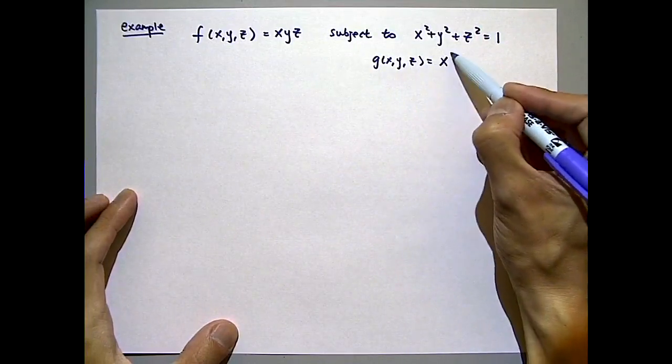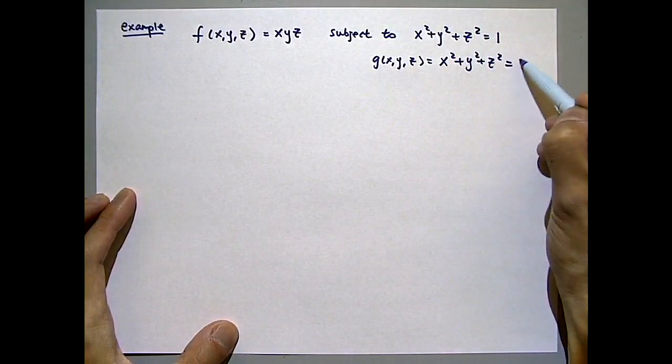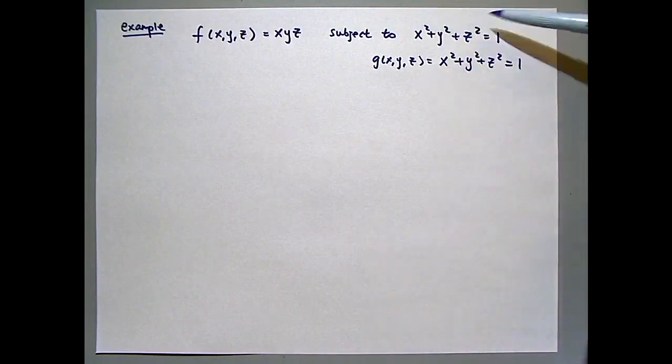Once again, that constraint equation is your g, which is always equal to a constant, 1 in this case, but it's always equal to some kind of constant. You take the equation equal to a constant, make that g, and that's what you got.